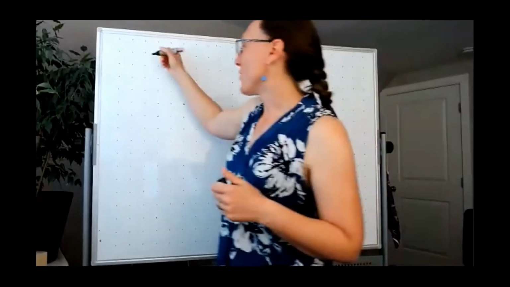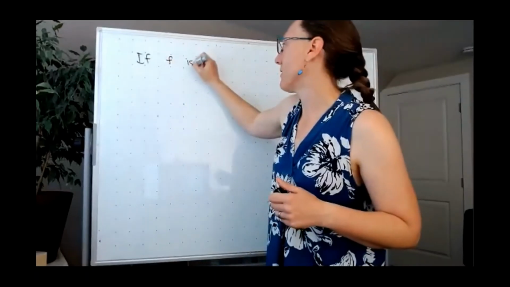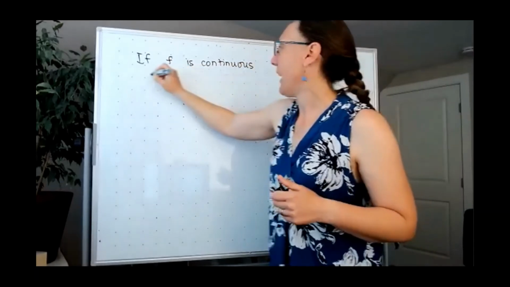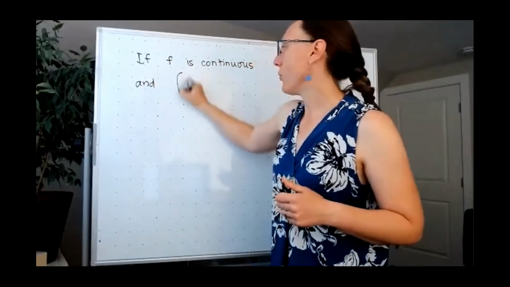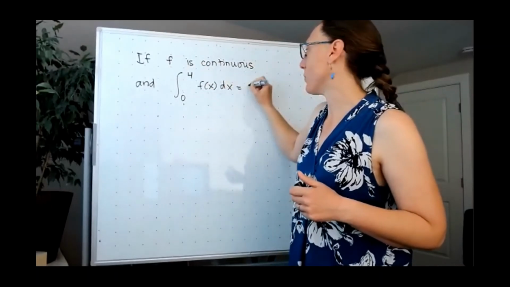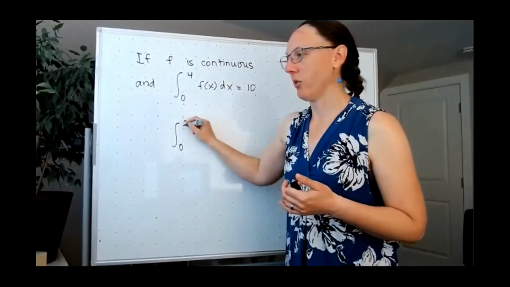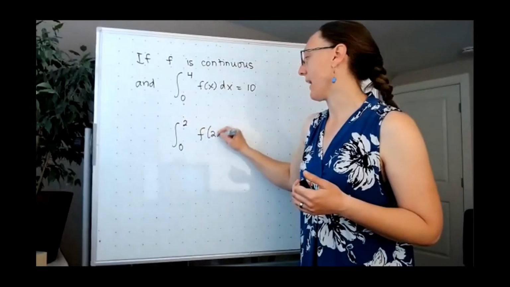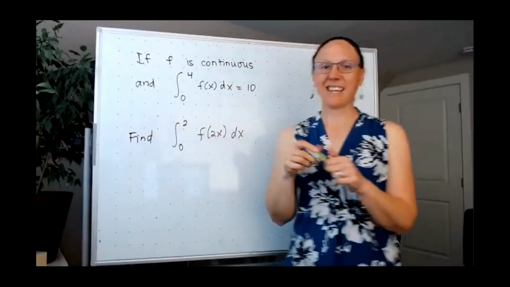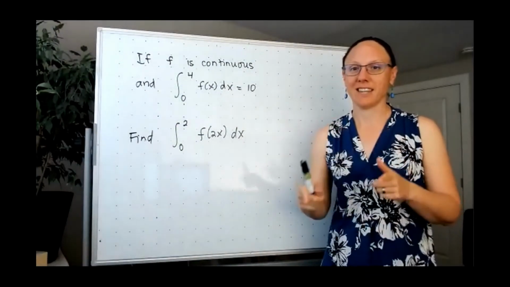The question says, if f is continuous, and we know that the integral from 0 to 4 of f of x dx is equal to 10, we need to find the integral from 0 to 2 of f of 2x dx. This is honestly a super excellent test question. So if you haven't taken a look at this, let's take a look at it now.